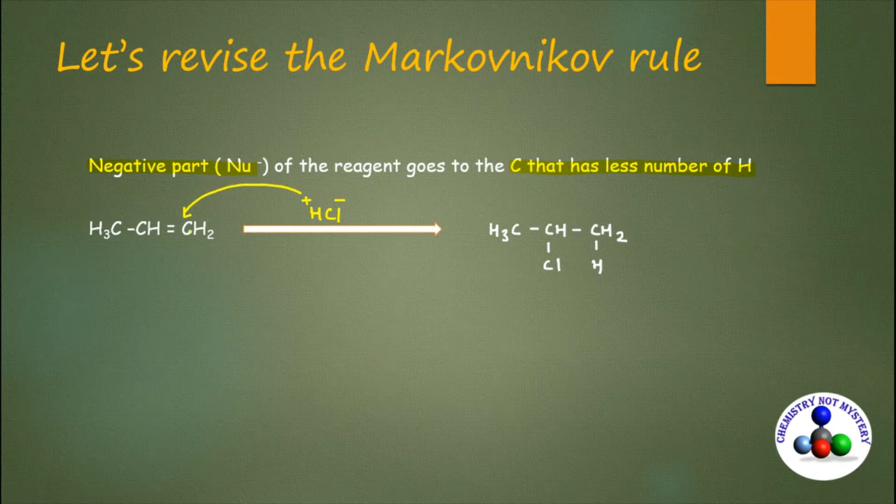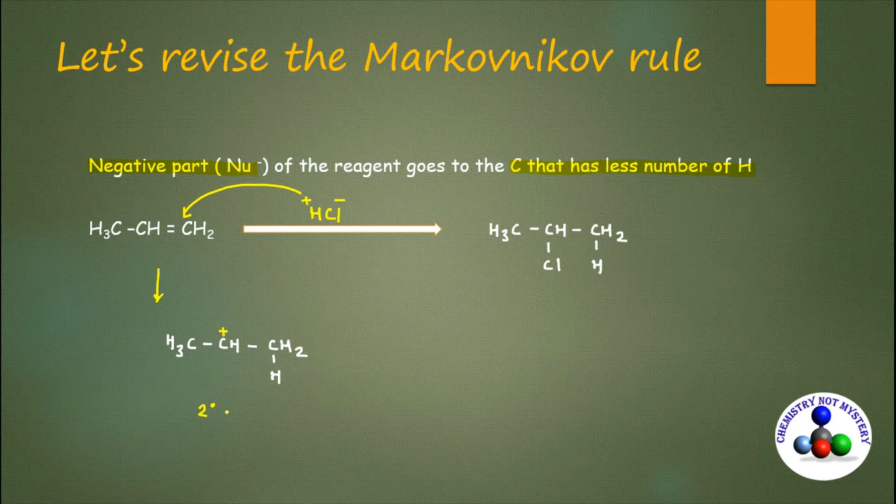So how does this happen? First electrophile H plus approaches the pi bond and one of the sp2 carbons takes both the electrons and makes a bond with H plus and leaves the other sp2 carbon with no electron. Here carbocation is formed.